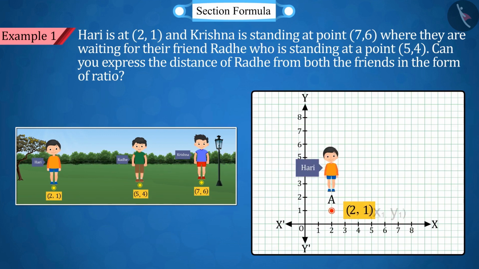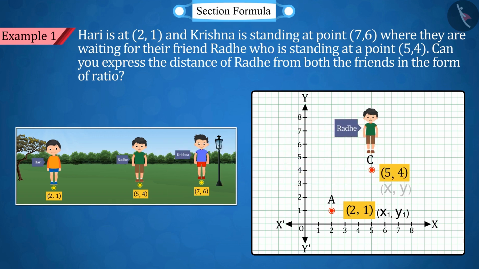Assuming the point A, that is x1 equal 2, y1 equal 1, position of Hari. Point C, that is x equals 5, y equals 4, position of Radhe.